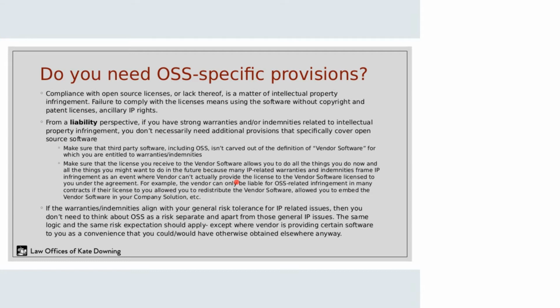And so if, for example, the vendor didn't give you a right to distribute the vendor software, you're going to have a very hard time getting any sort of IP related liability protection from them if you do distribute it, right? So just keep that in mind. But I think those are general good practices for drafting contracts. There's nothing new or weird here with respect to open source.